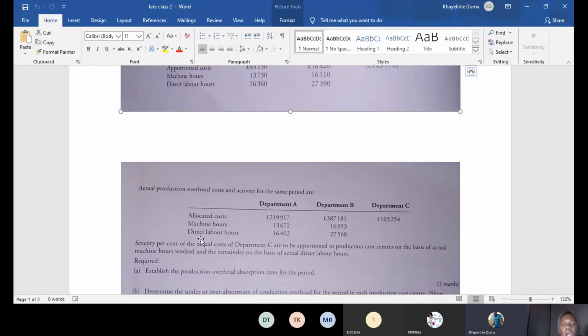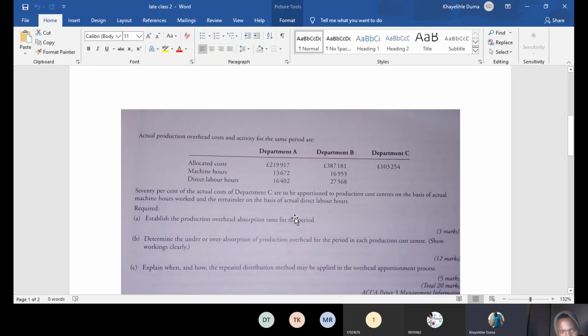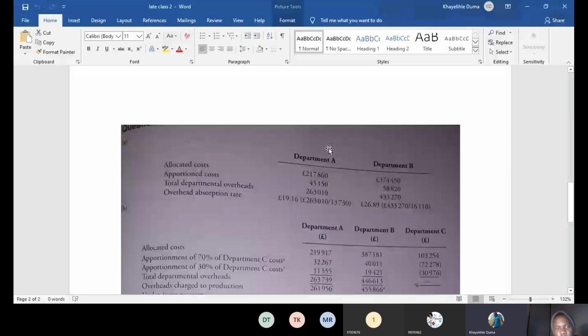Establish the production overhead absorption rates for the period. This is what Unit 4 is all about, the production overhead absorption rate. So what you have to do is come to your solution. You were given here allocated cost, it's 217, and that one you'll quote. When they say it's allocated, it means it's already been given the way it's supposed to be.